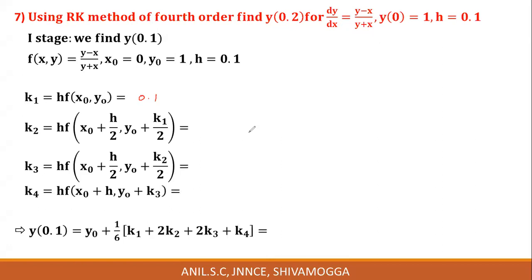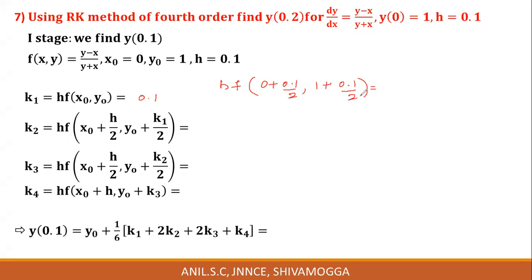Next we find K2. K2 is given by h into f of x0 plus h by 2, y0 plus k1 by 2. x0 is 0 plus h by 2 is 0.1 divided by 2. y0 is 1 plus k1 is 0.1 divided by 2. Simplify. 0.0909.